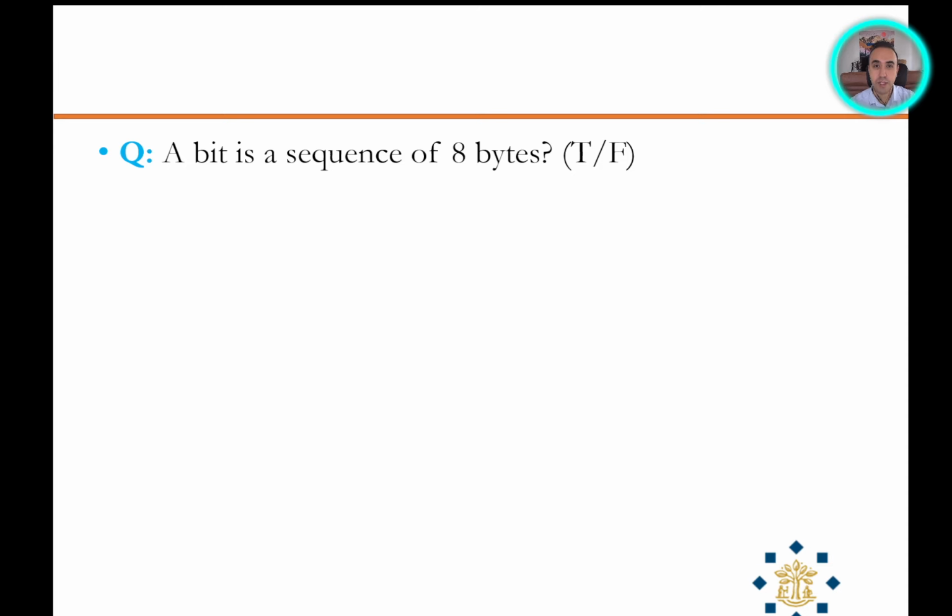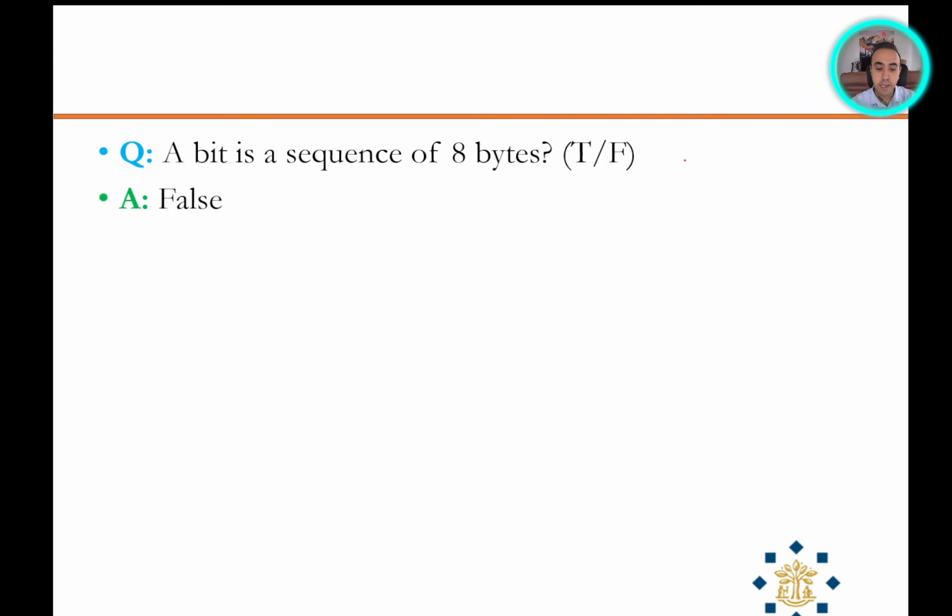Okay, so the question: a bit is a sequence of 8 bytes, true or false? You can stop the video here and then try to answer. I'll give you the answer right away. It is actually false, right?